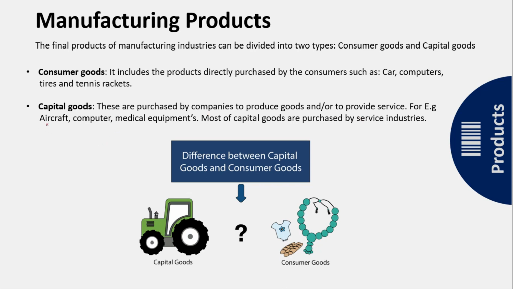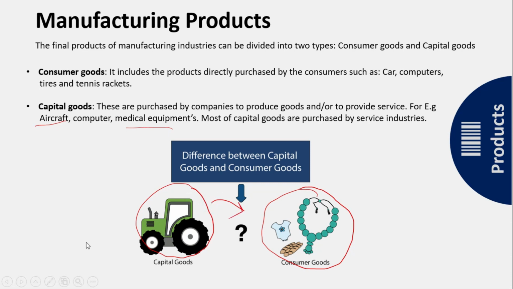The consumer, the passenger, doesn't buy the aircraft; instead the company buys the aircraft to provide service to the passengers. Same in the case of medical equipment and others. Here you can see the difference between the consumer and the capital ones. This one is a consumer: jewelry, textile, and some others. They are directly purchased by the customers, whereas tractors or aircraft or trucks are purchased by another industry to provide service to this consumer.